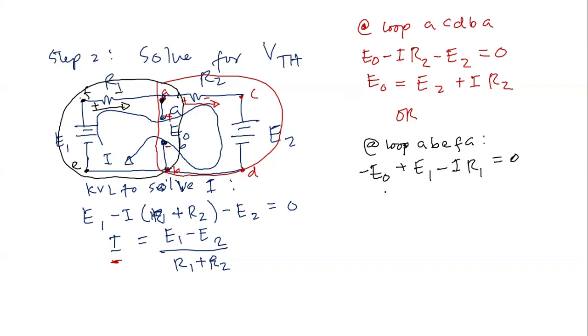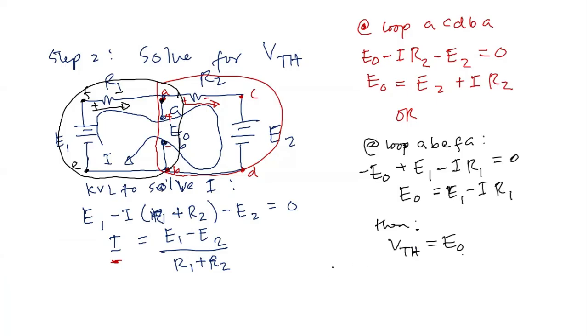Okay, and then solving for EO, we have EO equal to E1 minus I times R1. Take note here, then, that the VTH is equal to EO, since the VTH is the voltage across the open circuited terminals.